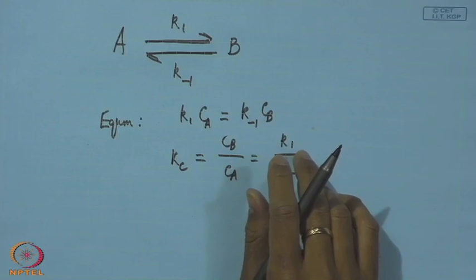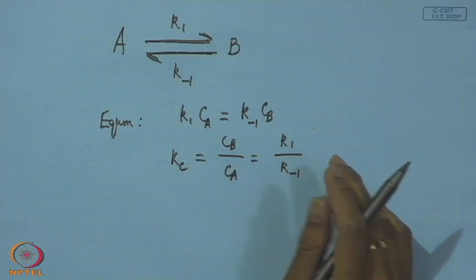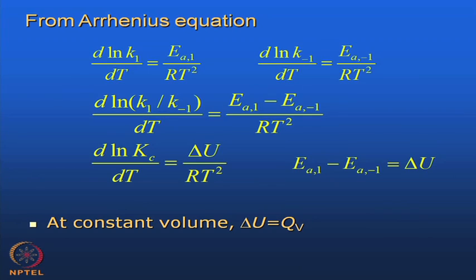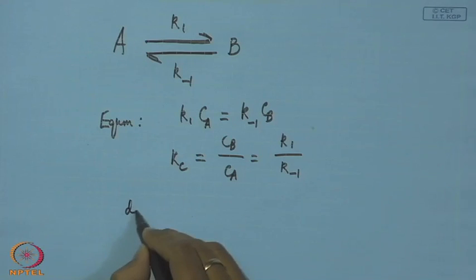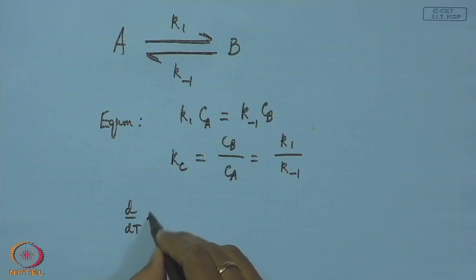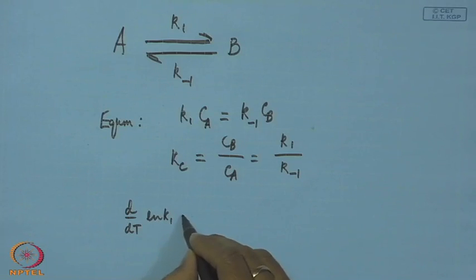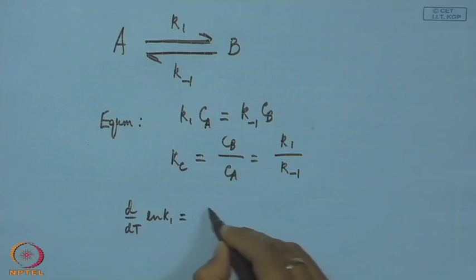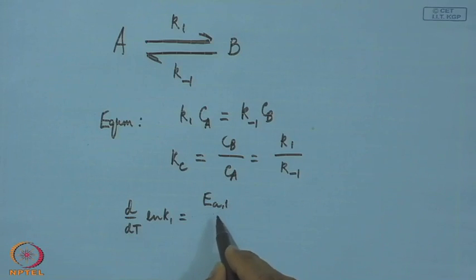Now, let us use the Arrhenius equation for these two processes in two directions. So, d dt of ln K1, K1 means it is the rate constant, is equal to EA1 by RT square.